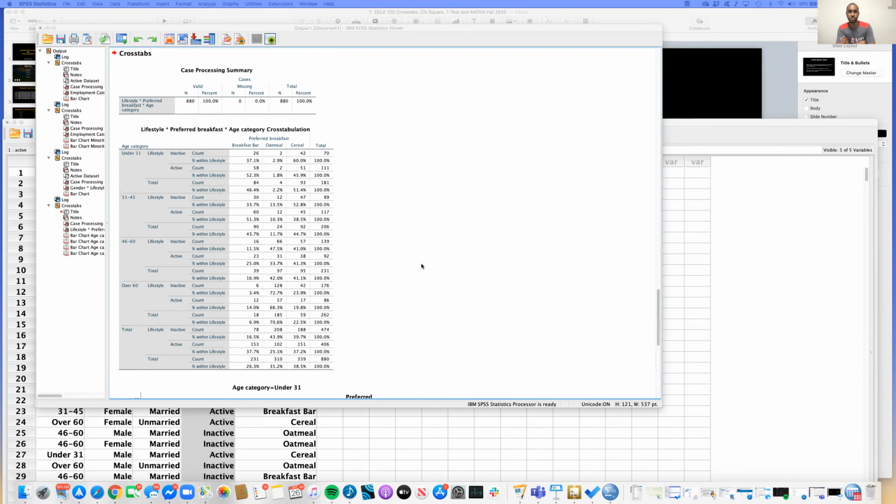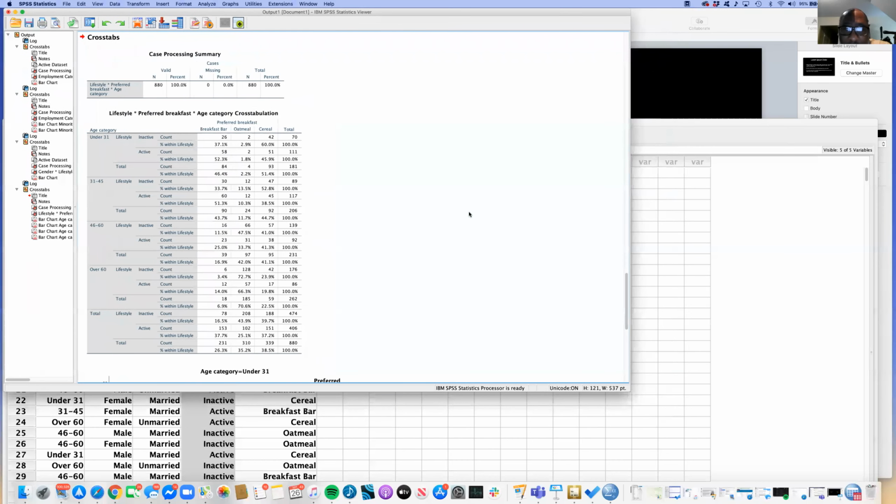Don't like it. It looks like they don't like it. If you're under 31, you don't eat it at all, regardless of whether you're active or inactive. They just don't know what they're missing.